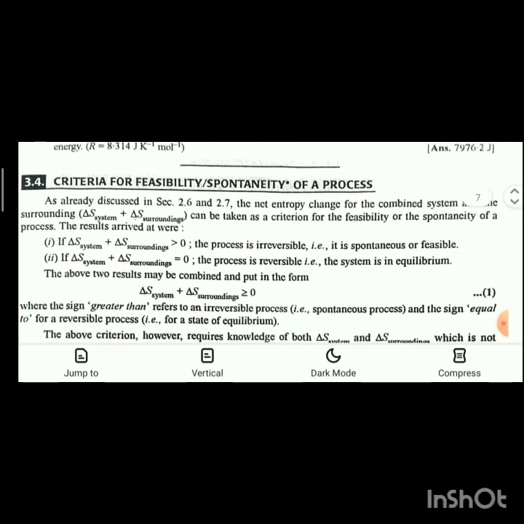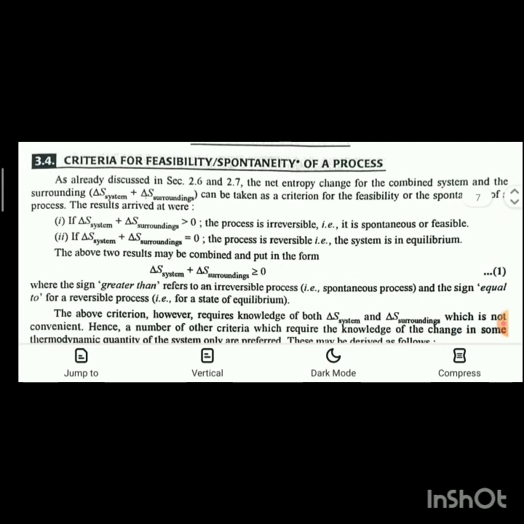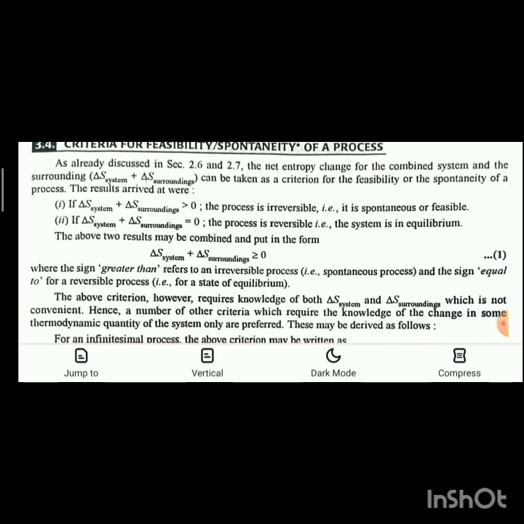Criteria for feasibility or spontaneity of a process. As already discussed in the above section, the net entropy change for the combined system and the surroundings, ΔS of system plus ΔS of surroundings, can be taken as a criterion for feasibility or spontaneity of a process. The results arrived at were: if ΔS system + ΔS surroundings > 0, the process is irreversible, spontaneous or feasible.